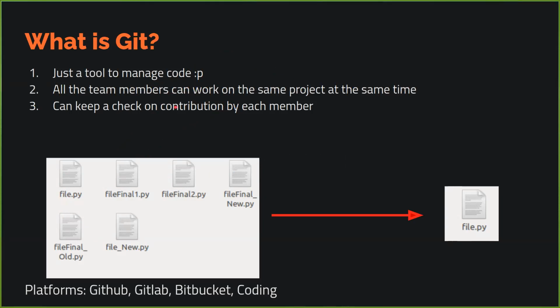Yeah, this happens a lot. You are working on something and then you reach a stable state, and then you want to checkpoint this. Then you would like to try some additional feature, but you won't like to mess it up. And if it so happens that you have messed up the code, then you would like to go and reset it. So this is one of the biggest advantages of using Git.